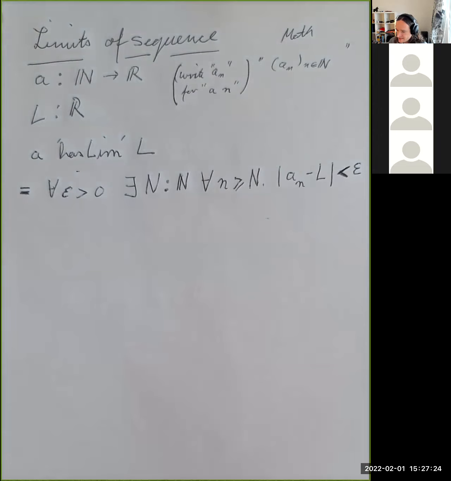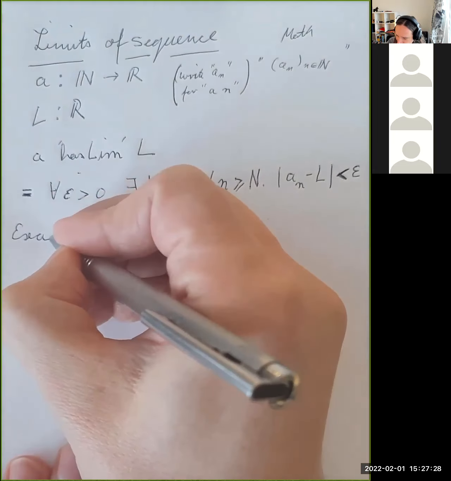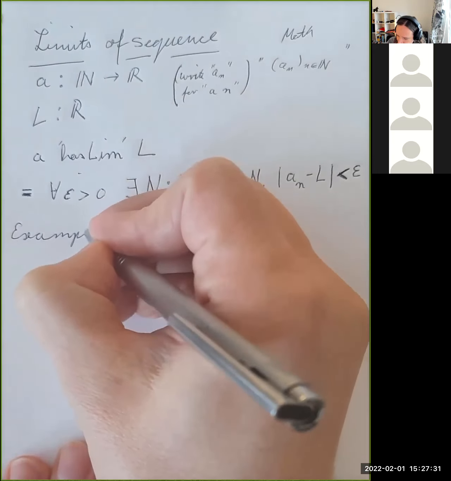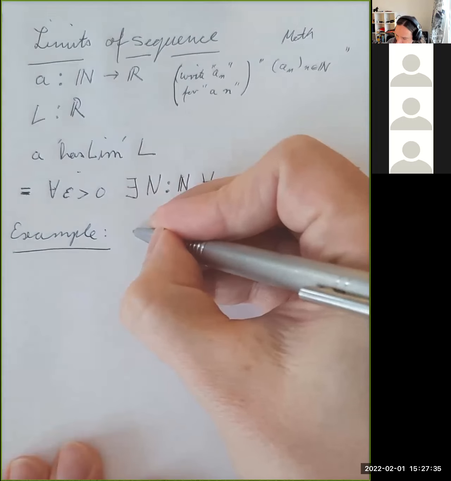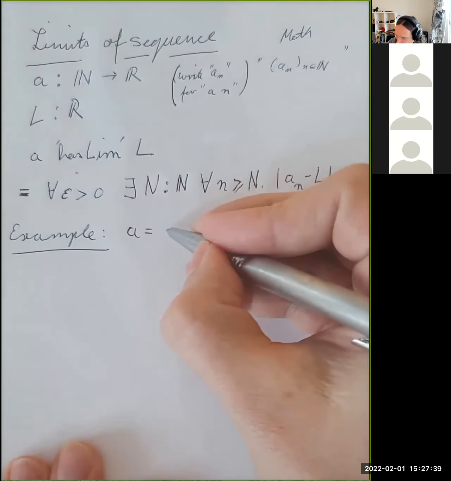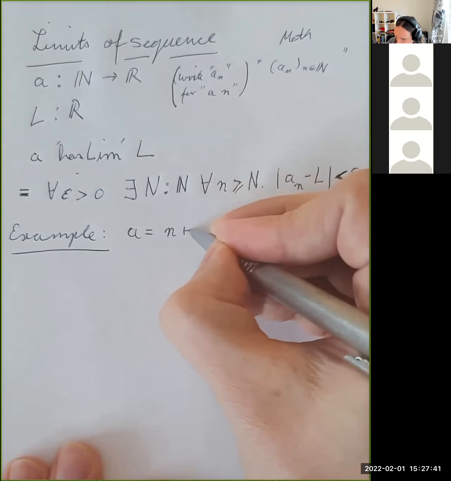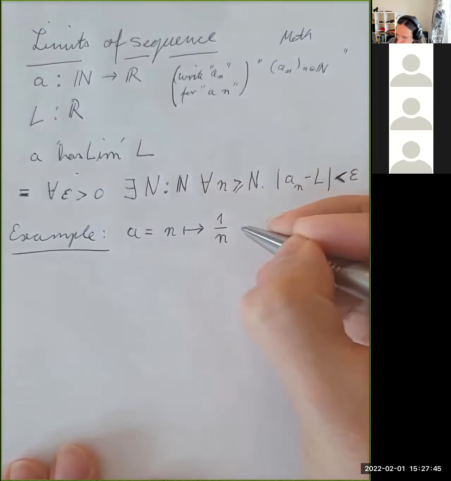So here's an example. Let's look at an example and try to understand what it says in this case. So I say my sequence A maps a natural number n to 1 over n.